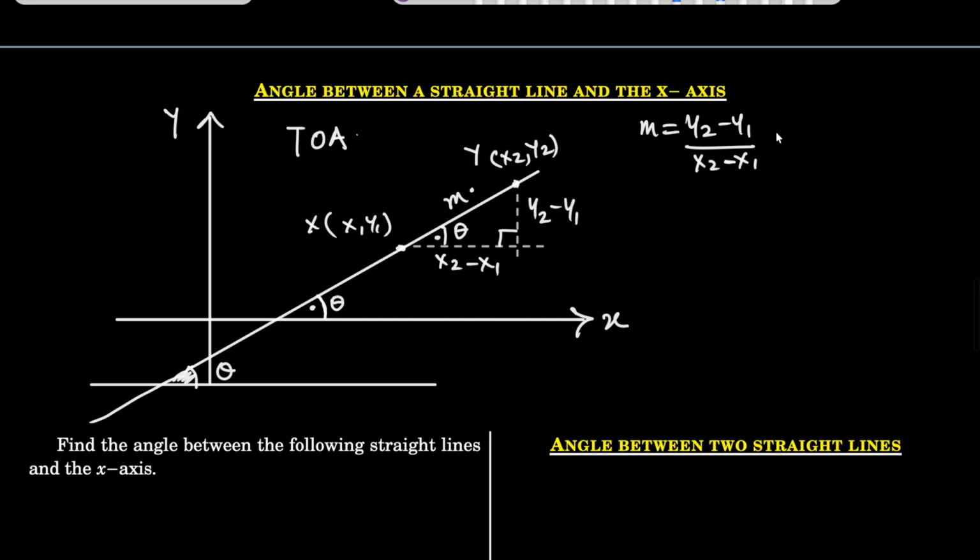So this is equal to tan theta. Now we can extract this by eliminating this. Since it's just a straight line, it's not as if we have 2 points given. So we can just remove this out of the equation, and then this becomes m equals tan theta.